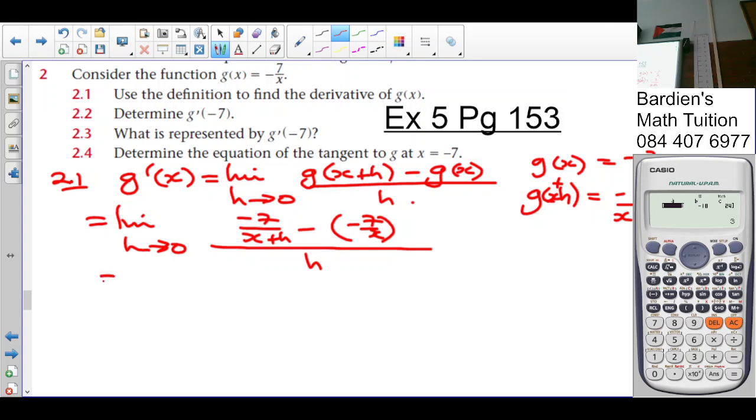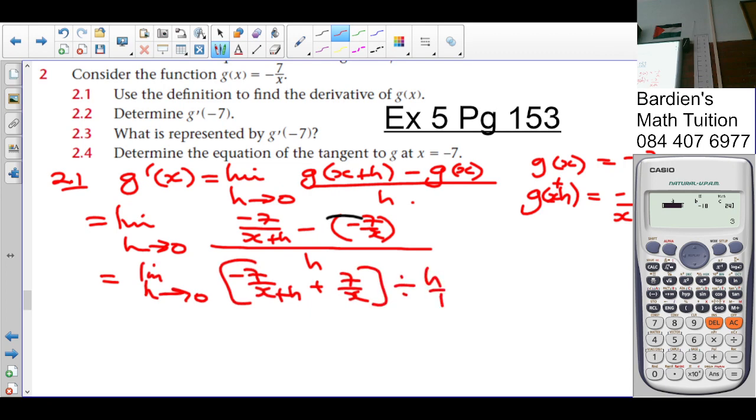Okay. Get rid of the bracket there. So we have the limit as h approaches 0 of negative 7 over x plus h plus 7 over x divided by h, and h over 1.